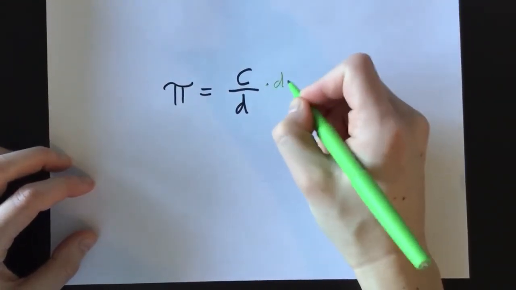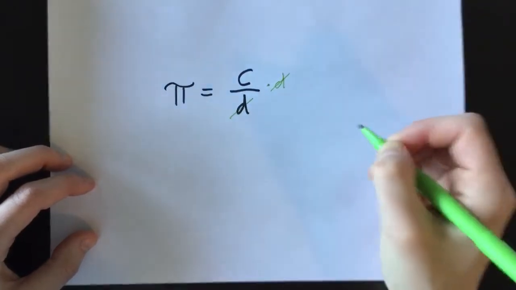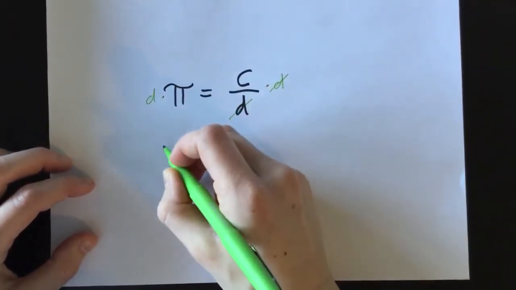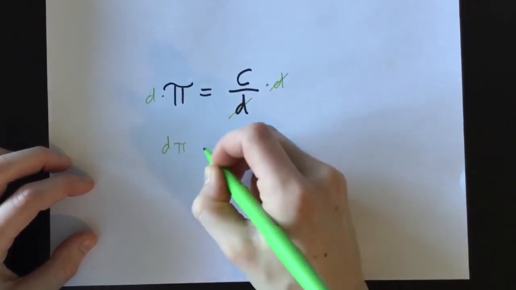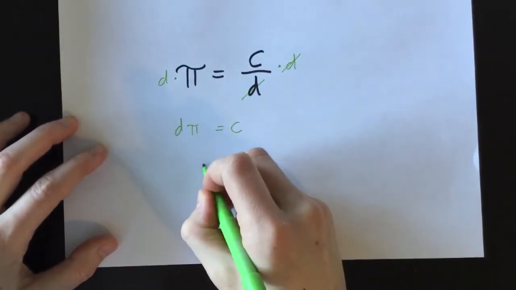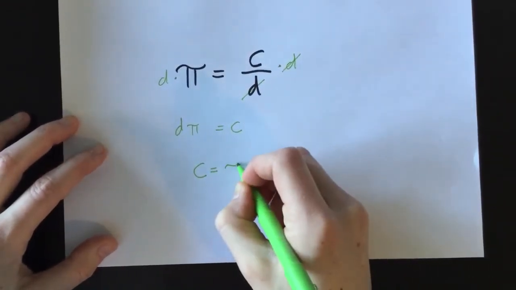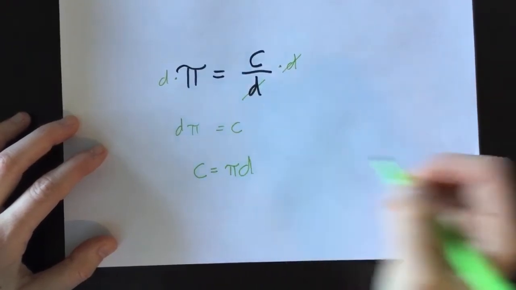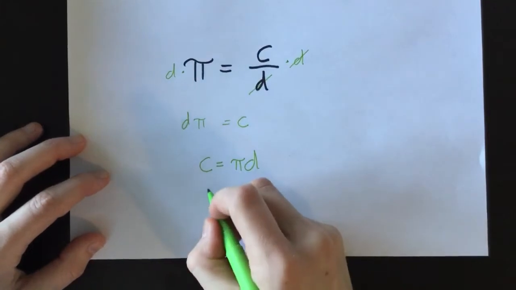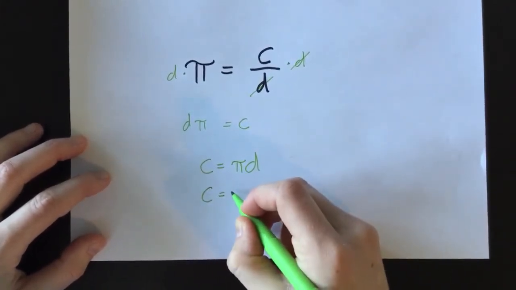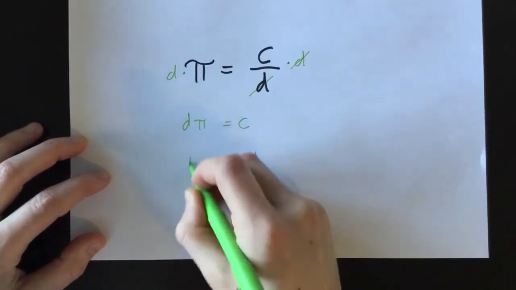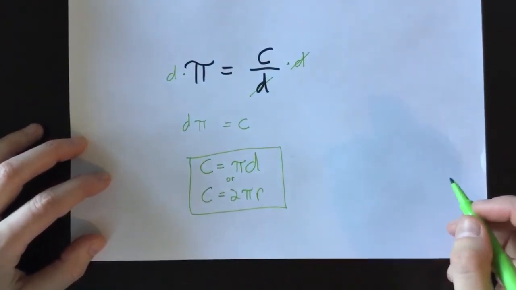Let me multiply both sides by diameter to isolate the C. Multiply here, and then we get D times pi equals C. And that's where our circumference formula comes from. Circumference is equal to pi times the diameter. We know that diameter is 2 times the radius, so we could also say that the circumference is equal to 2 pi r. And either one of those can be used for our circumference.